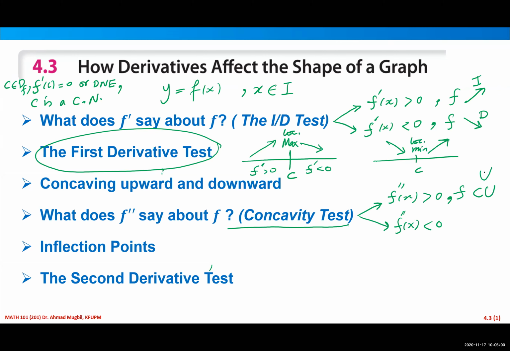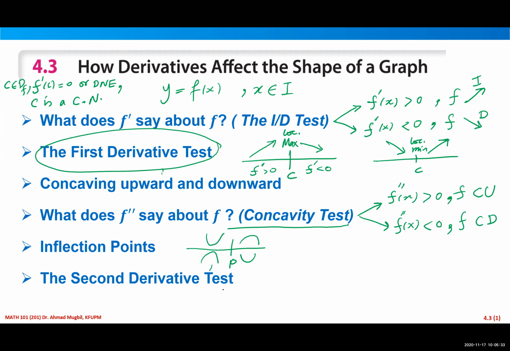And if it is negative, then the function will concave down, like this. The inflection point, let's say this is the inflection point P. After it, it will be concaving up, and before that concaving down, or the opposite. So it is the point at which the concavity changes from upward to downward.